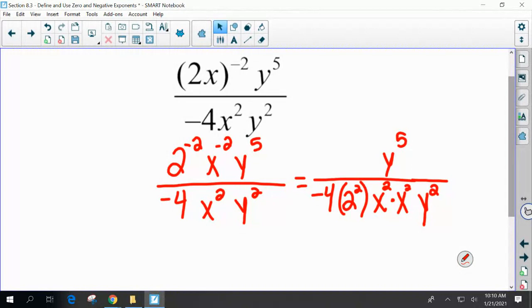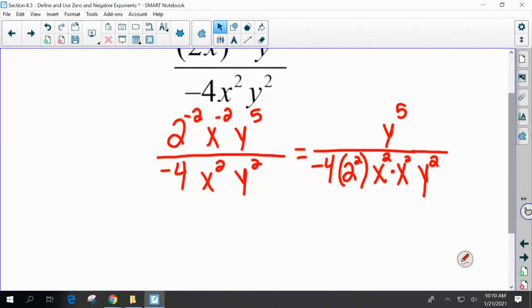Okay, so I'm going to go through and simplify this. So -4 times 2 squared would be -4 times 4, which is -16. And then x squared times x squared, you have to add your exponents.